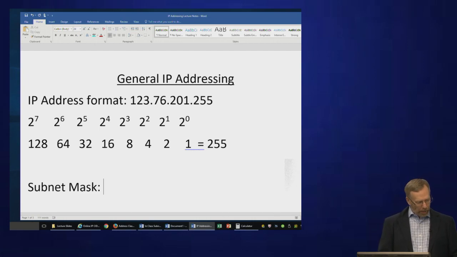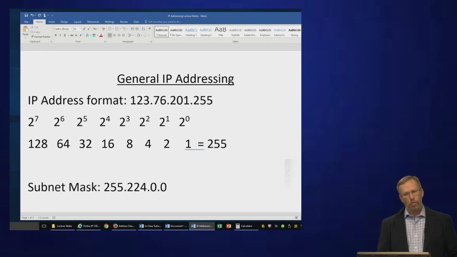So let's say that one thing I could have is 255.255.224.0, and that's my subnet mask. And if I break that down into binary, remember each of these dotted sections is 8 binary bits.